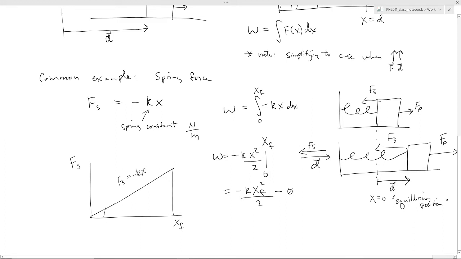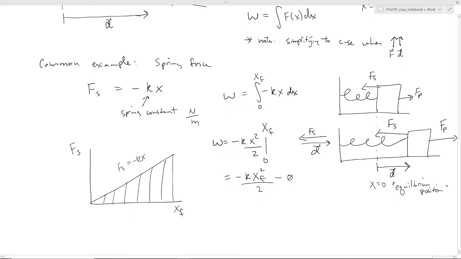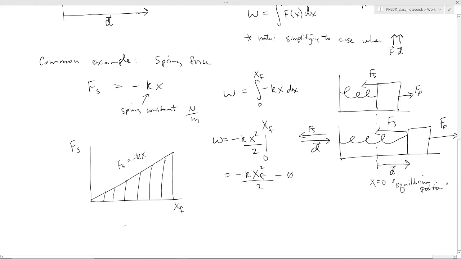So if you wanted to find the area in this situation, it's the area of a triangle. So it would actually be negative kx final, which would be this position, right?